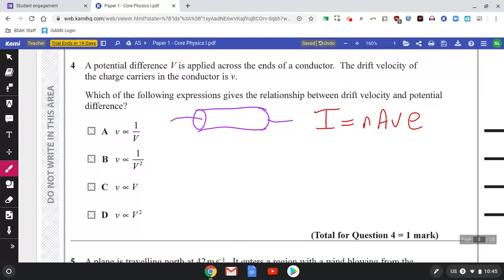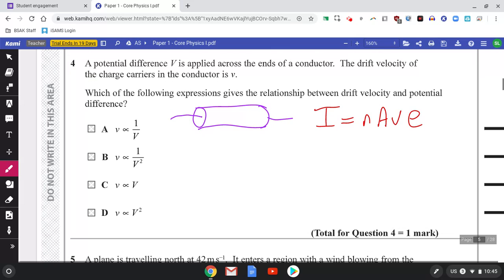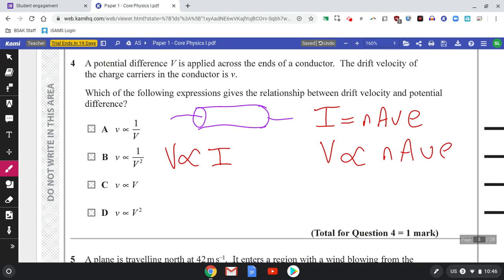Right, now I have a little bit of an issue with this question. It doesn't state that it's an ohmic conductor, and it doesn't state that it's kept at a constant temperature, does it? Which I think it should have done. But I'm going to assume that's what they meant anyway. So if it is an ohmic conductor, if it's kept at a constant temperature, then we can say that V is proportional to I. Now, if V is proportional to I, then V is proportional to nAvE.